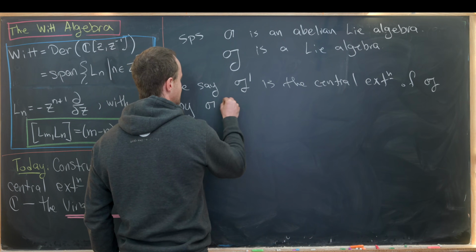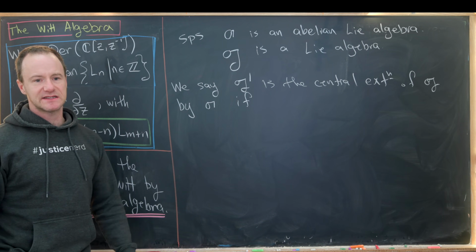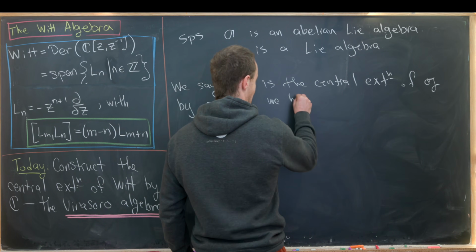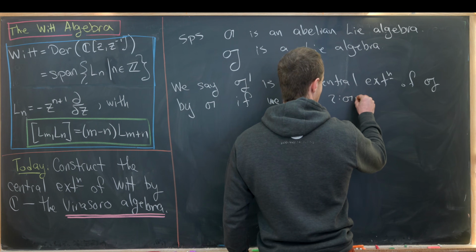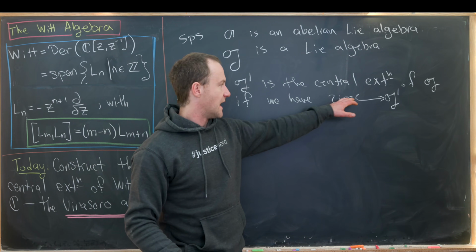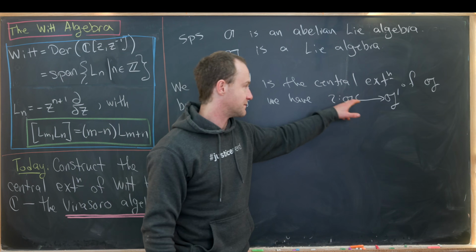by A if we have the following short exact sequence, which is also built out of two maps. So if we have, first of all, an injection, which goes from A to G prime. So I'll call that iota, and I'll notate that it's an injective Lie algebra homomorphism by this little hook.